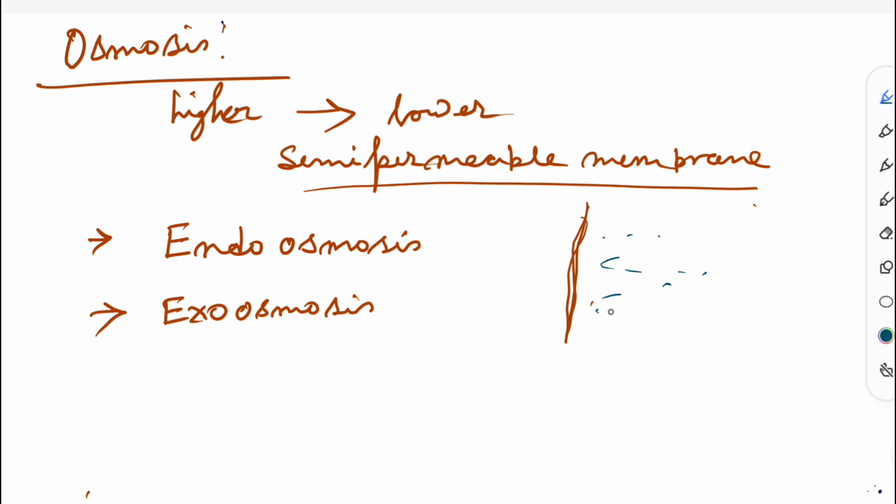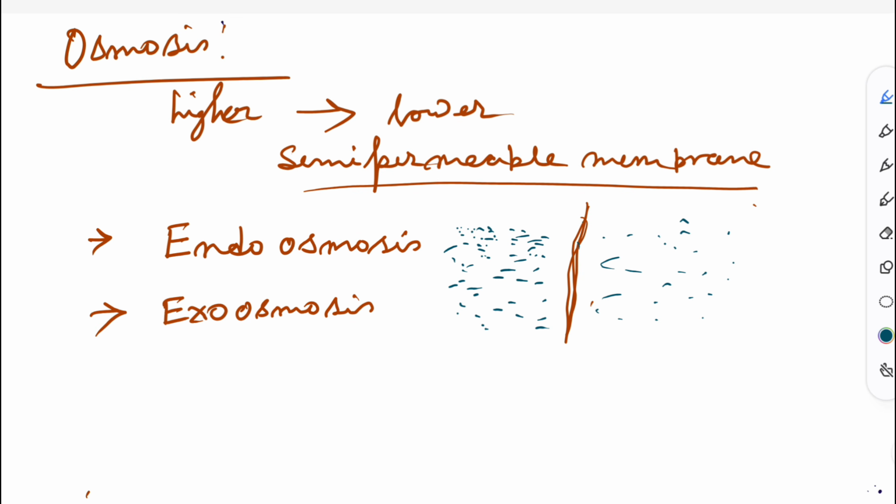Suppose this is the liquid and here the concentration is less, and here the same thing is present but the concentration is way more. So what will happen?